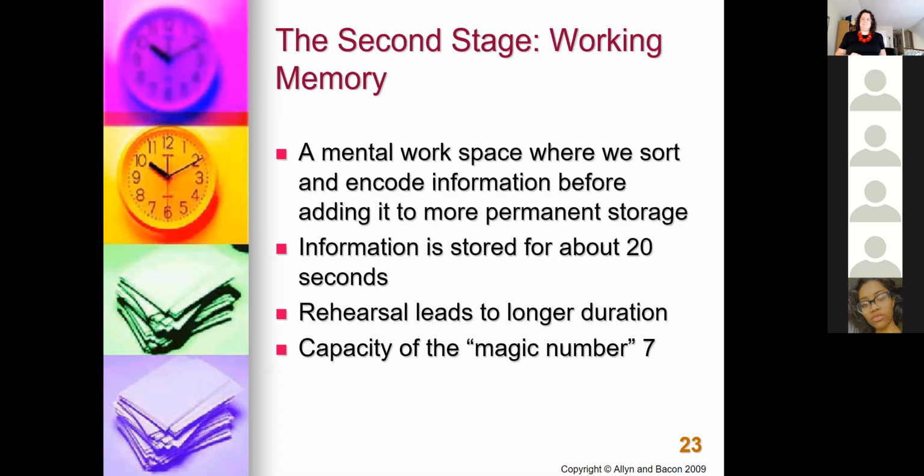Write them down. All right, next up. 4, 9, 7, 2, 1, 5. Write them down.